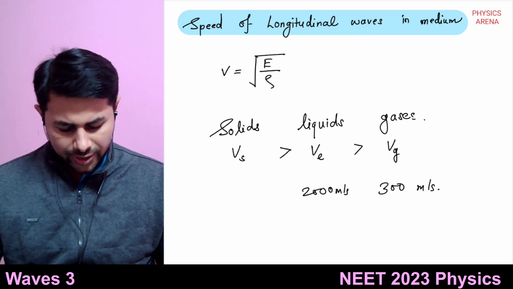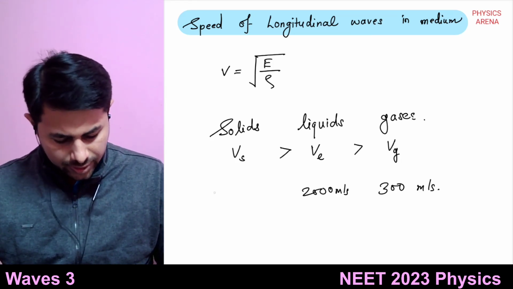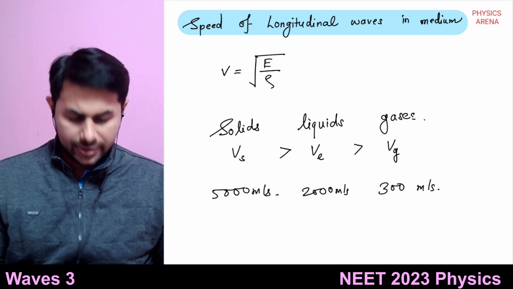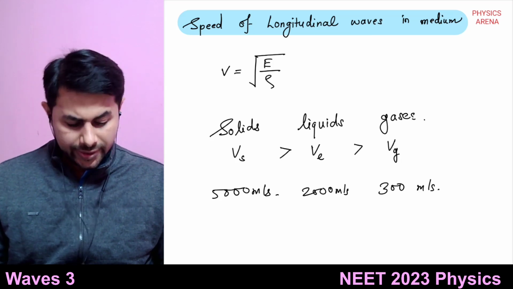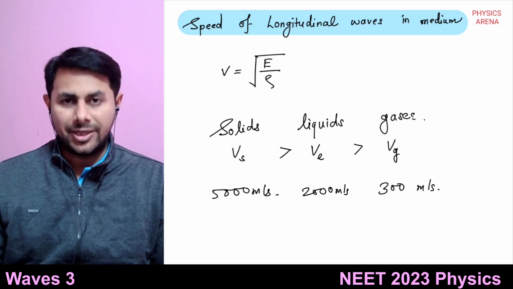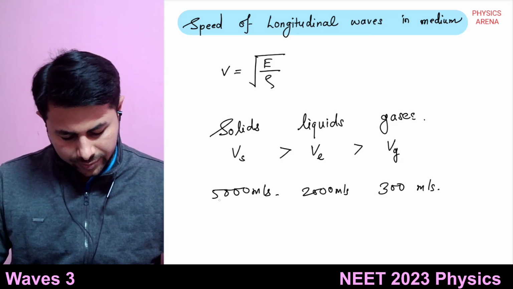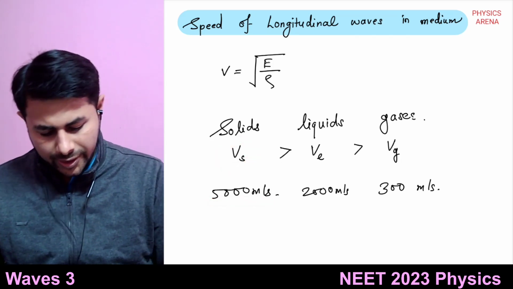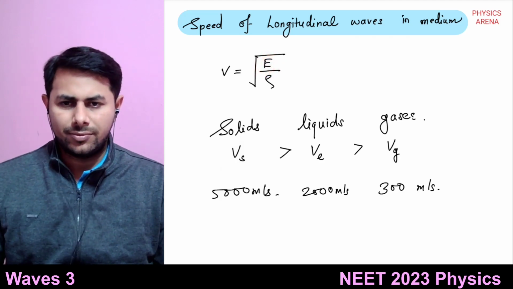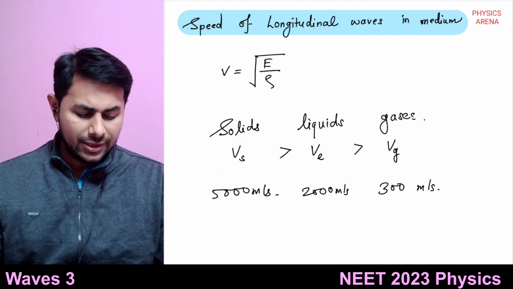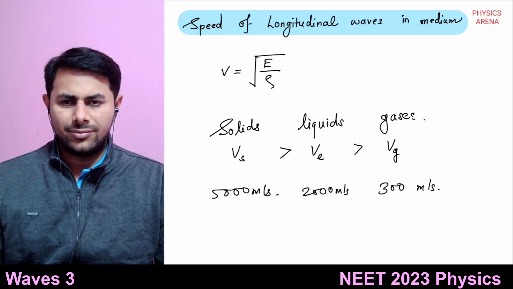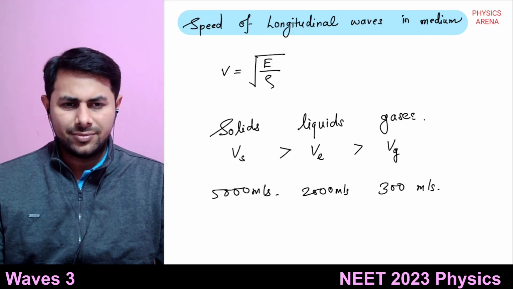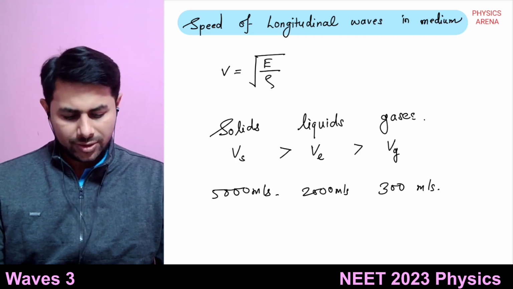And velocity in solids is about 5000 meters per second. Solids mean, what do I mean by solids? The metals. So velocity in solids is much more because their elasticity is much more compared to that of the liquids and gases. Everything clear? Okay, so please remember this.